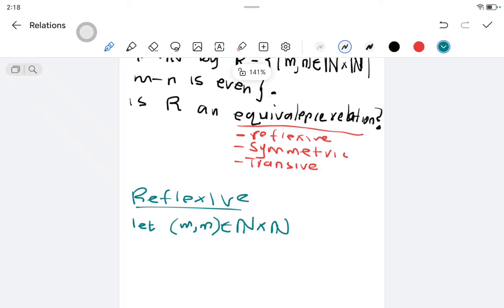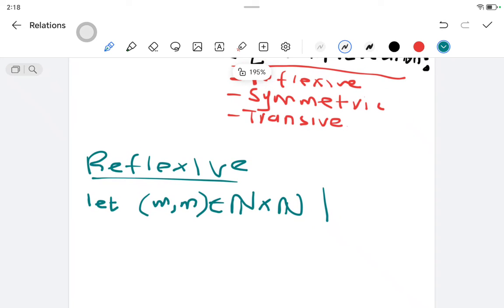The definition says this will be true such that m − n is even. In this case, m − m is equal to 0. And what is that? Even should be 2 times something, so that is the same as 2 times 0.